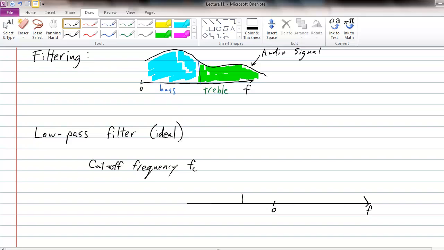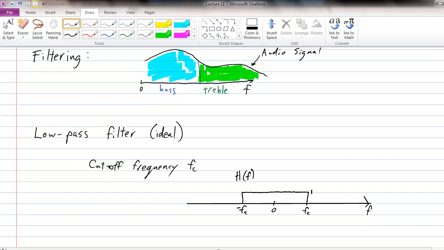So it should pass through the signal up to the cutoff frequency and down to negative the cutoff frequency. And the height of this frequency response, so this is h of f, should be 1.